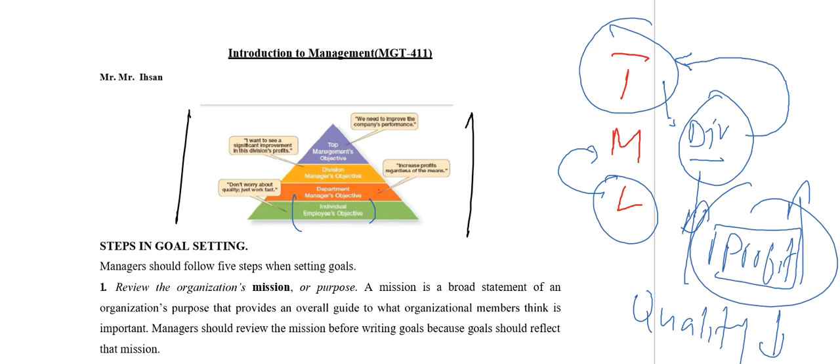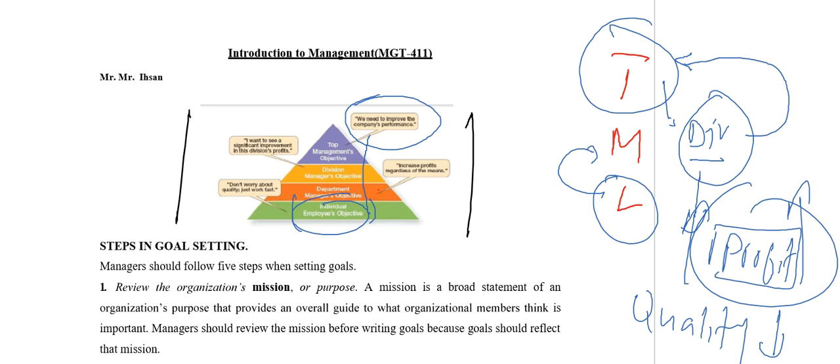So students, since at top level management it is decided to improve the performance, the same goal is communicated to the lower level, and the employees at lower level will do the same as is directed by the top level management.